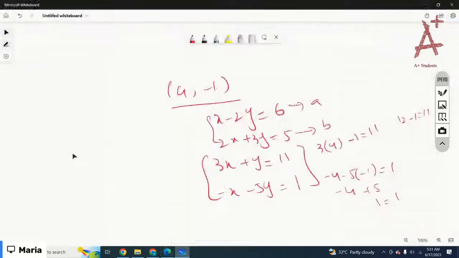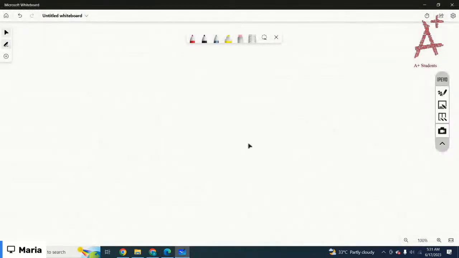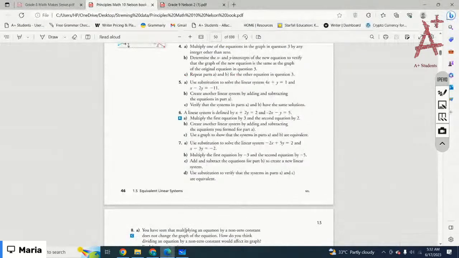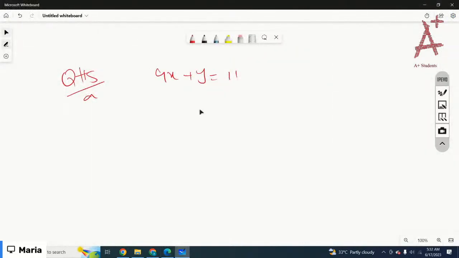Just do question number 5a. 4x plus y equals 1 and x minus 2y equals negative 11.